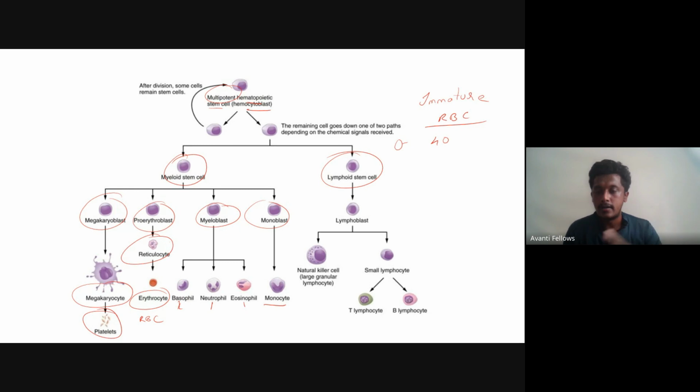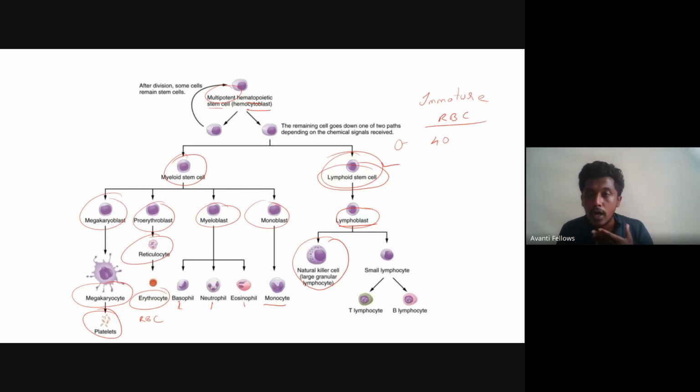Done. And next we go for lymphoid stem cells. What do lymphoid stem cells give rise to? Lymphoblasts. Lymphoblasts will give rise to two different types of cells. Natural killer cells, very important this one. Lymphocytes are the parent cells for natural killer cells. Everybody forgets this part. Everybody thinks that it is coming from myeloid stem cells.